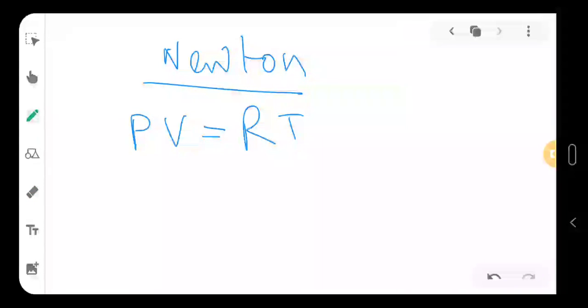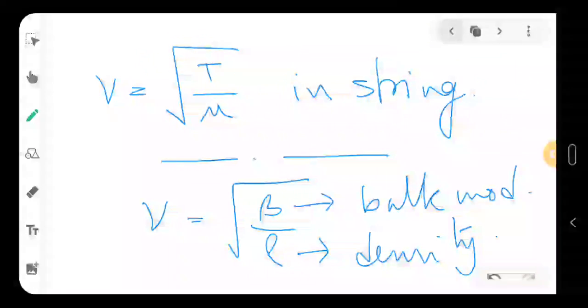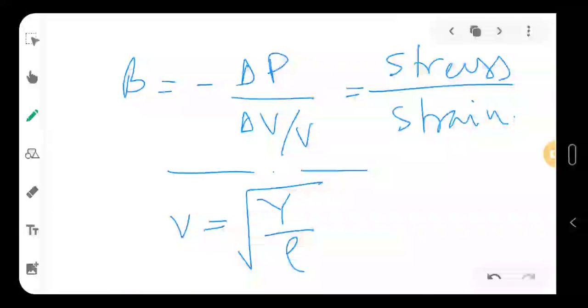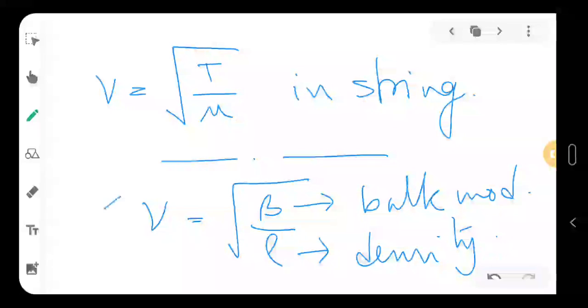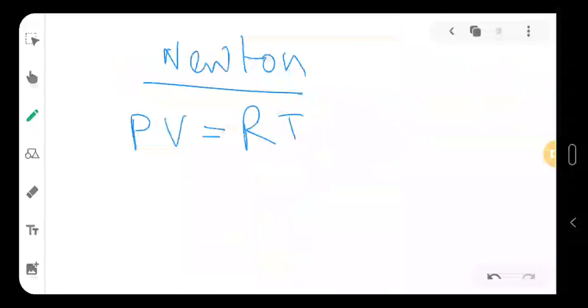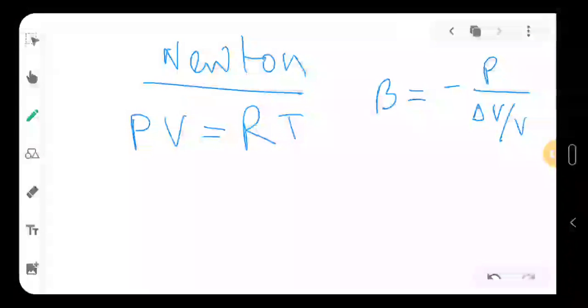We have just seen that for the air column our velocity is root over bulk modulus by rho. So let us find out the bulk modulus, because we know that the bulk modulus is minus P by delta V by V.